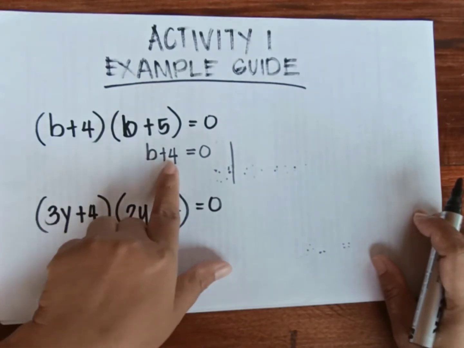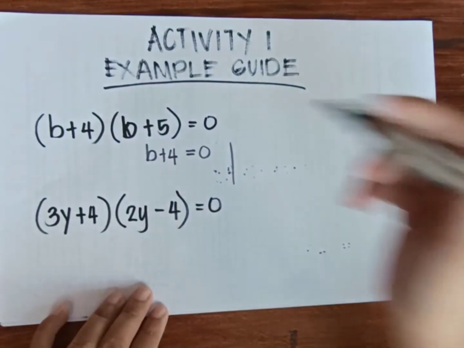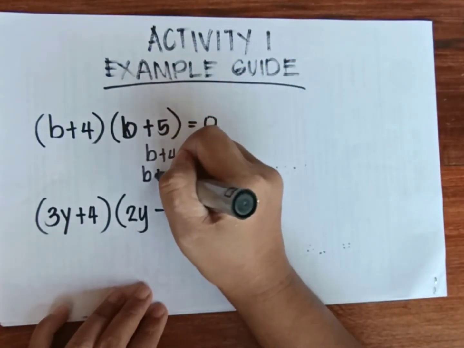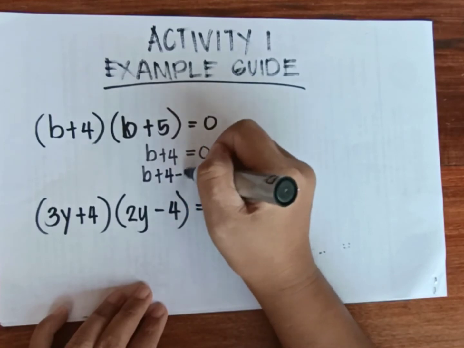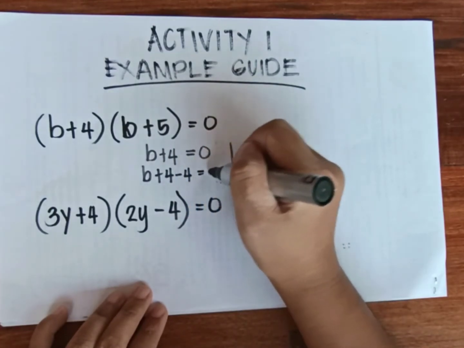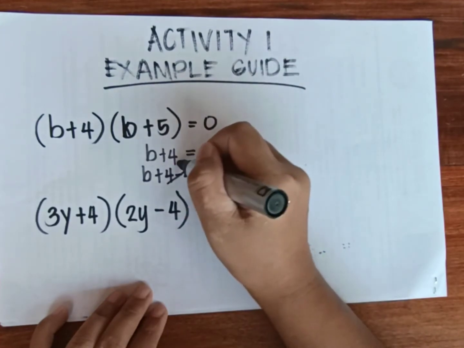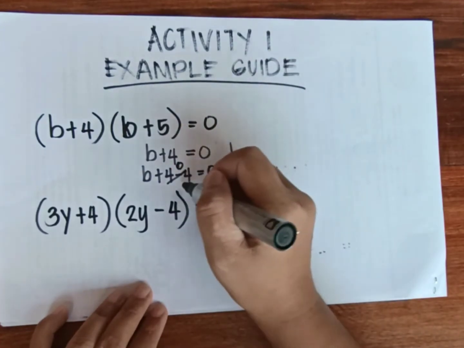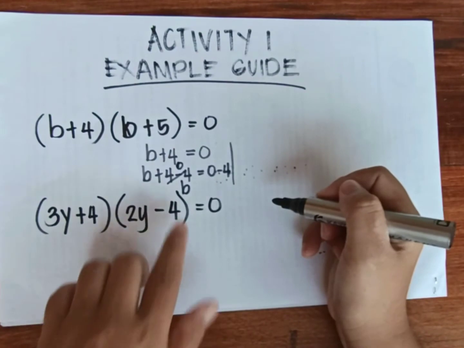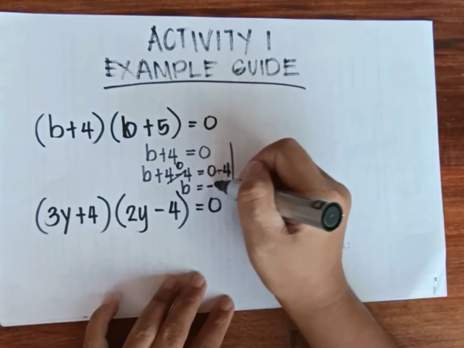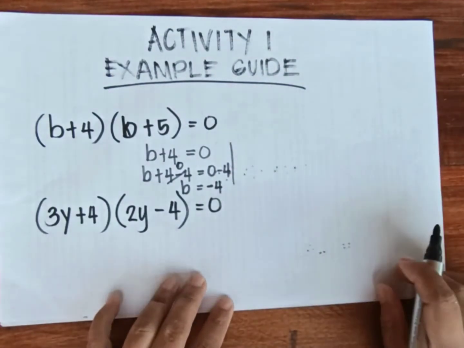So, since this is plus 4, use its opposite. So, you will use minus 4. Of course, on both sides. Okay? So, this becomes 0. So, therefore, the first value of b is equal to, what is 0 minus 4? That is negative 4. Okay?